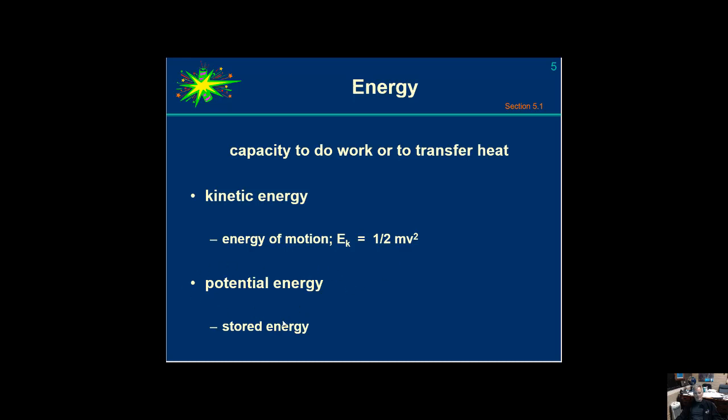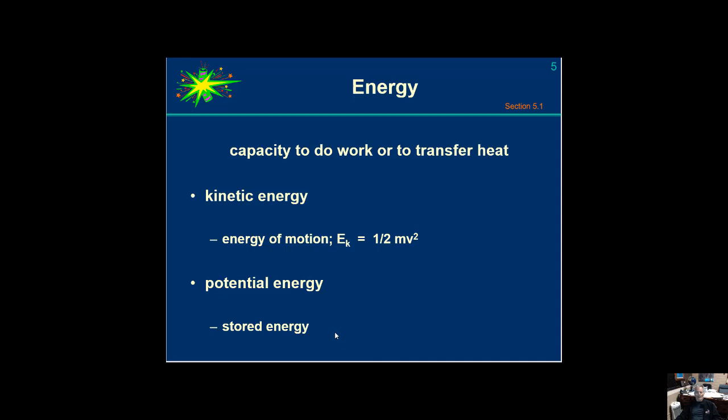And potential energy is simply stored energy. It's the energy by virtue of location, if we're talking in physics terms, but for our purposes, it will be the energy stored, potential energy, in chemical bonds.